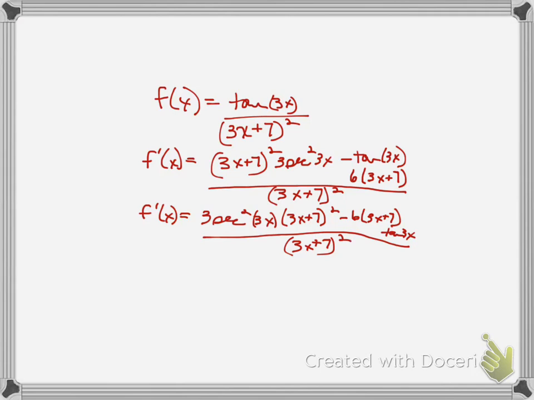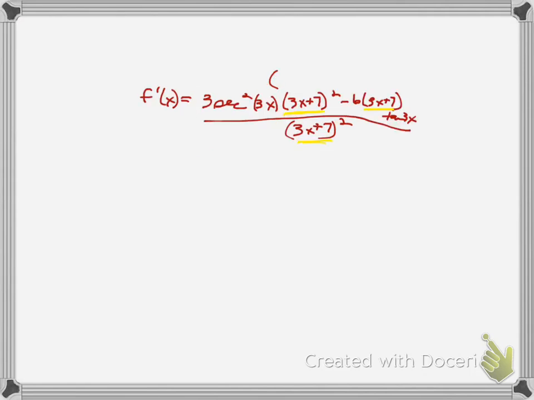Now, notice that you can reduce this a little bit because I have 3x plus 7 in 3 places. 1, 2, 3. So what can I do there? So let's try to do this in the next page, and I want to practice reducing this.